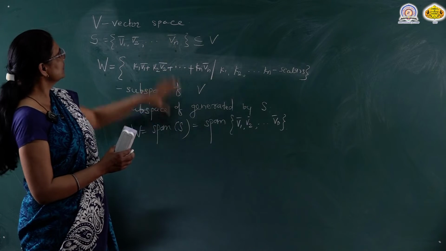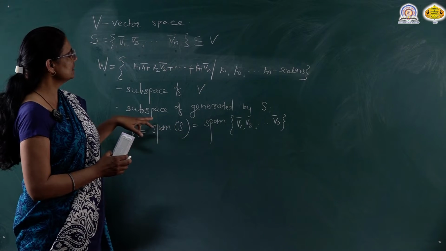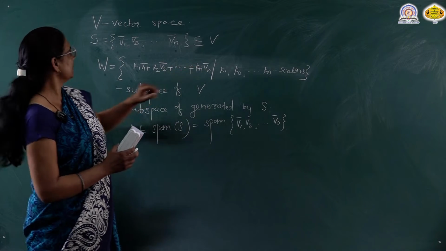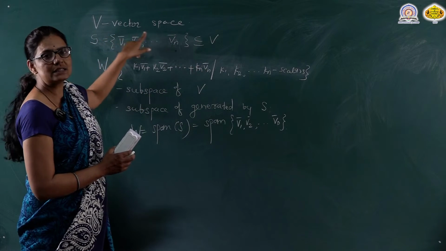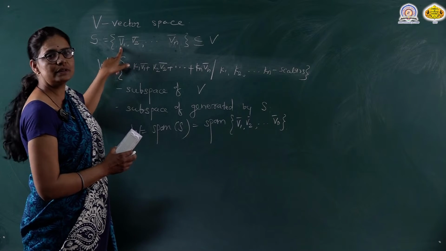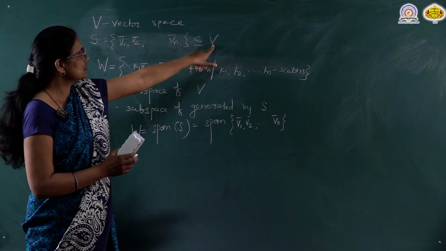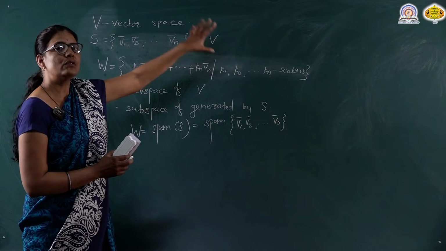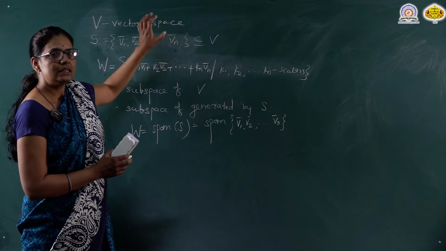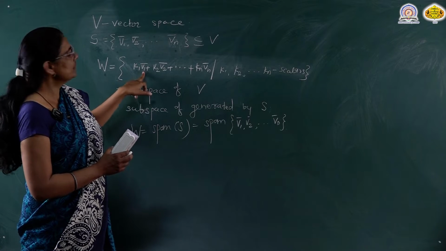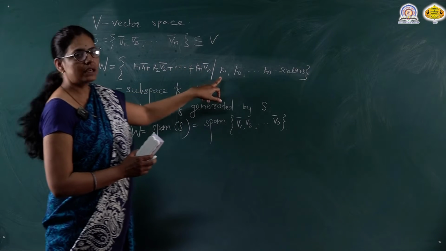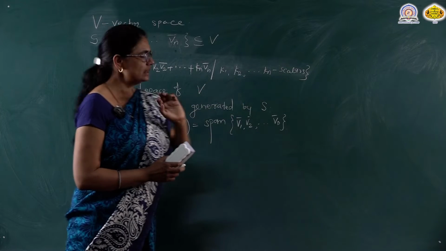Again we recall the definition of the subspace generated by a given set of vectors. First of all we consider V a vector space. S is a set containing the vectors V1, V2, Vn, which is a subset of V. Then we take the set of all possible linear combinations of these vectors in S, that is, K1 V1 plus K2 V2 up to Kn Vn, where K1, K2, Kn are the scalars.